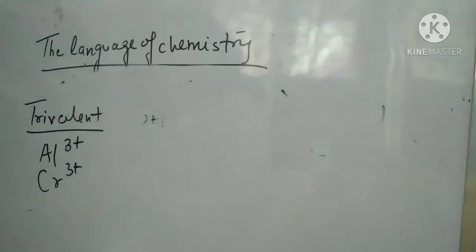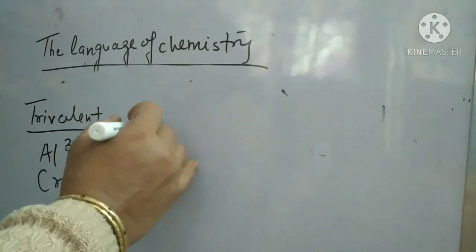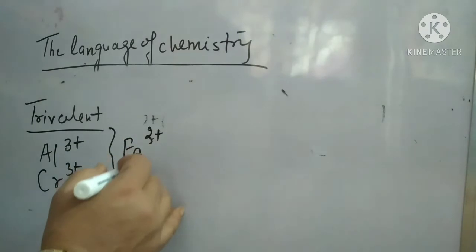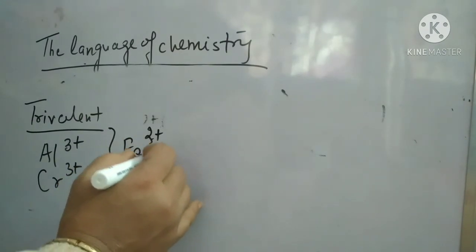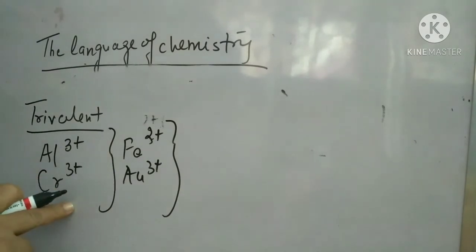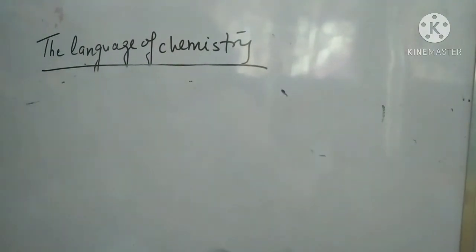Now if I talk about those elements which possess variable valency, that is Fe, ferric 3+, auric Au3+. So all these atoms of the elements possess 3+ valency, so they are known as trivalent.